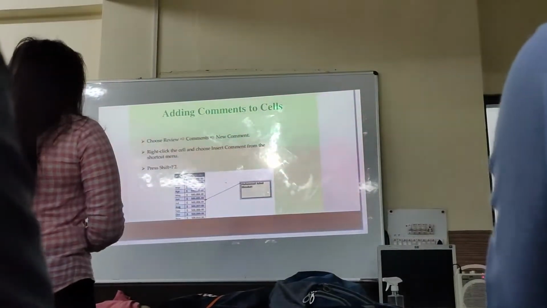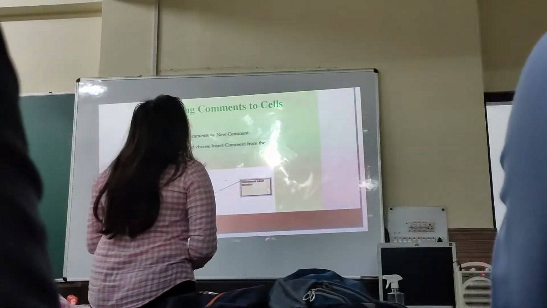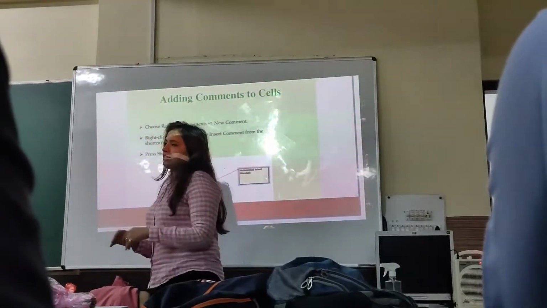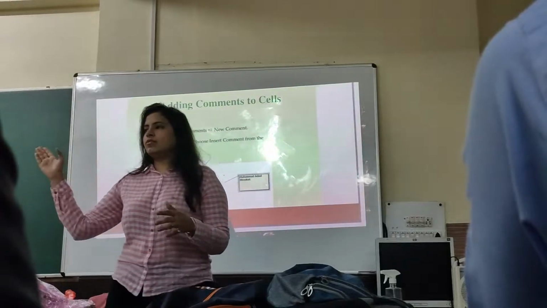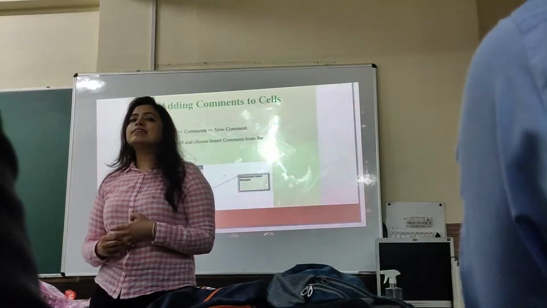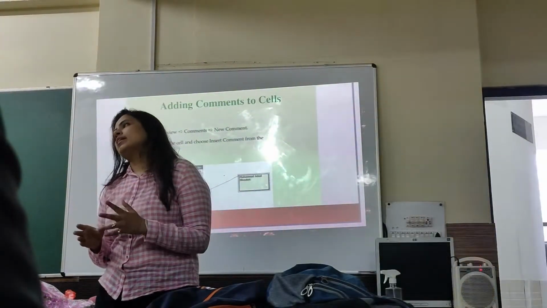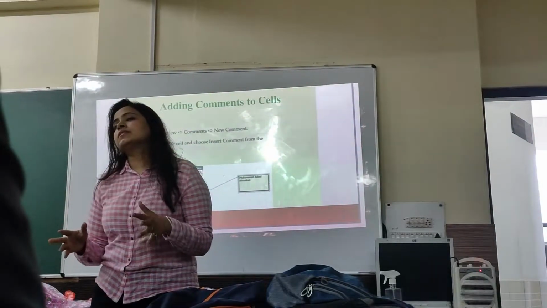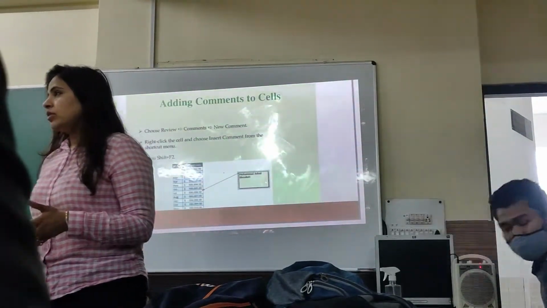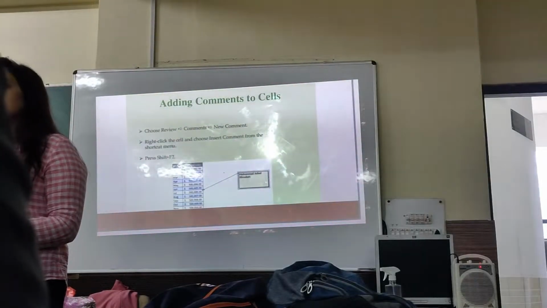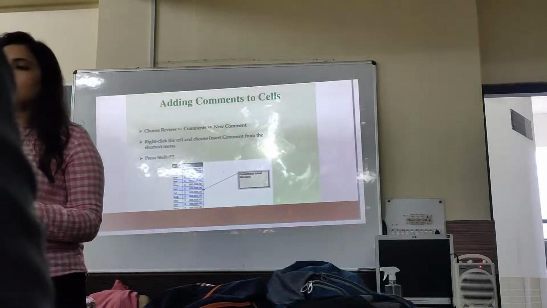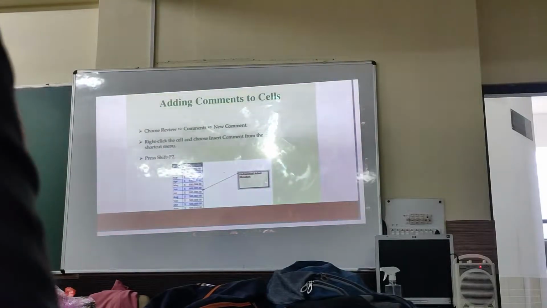Adding comments to a cell. Now many times what happens is we entered data. We entered say 100 rows and 20 columns each. There are certain data points that you want to highlight. There are certain data points that you want to give an explanation to. Say for example, मेरी सेल किसी एक मंथ में XYZ product की shot up by 20%.